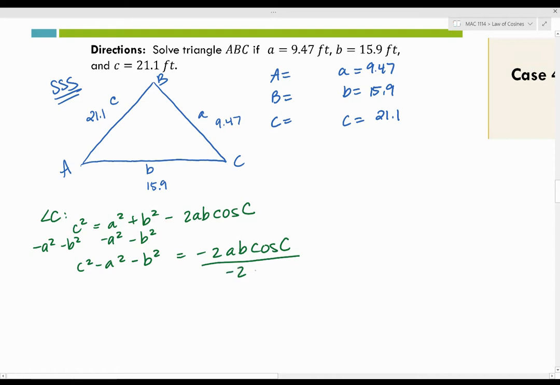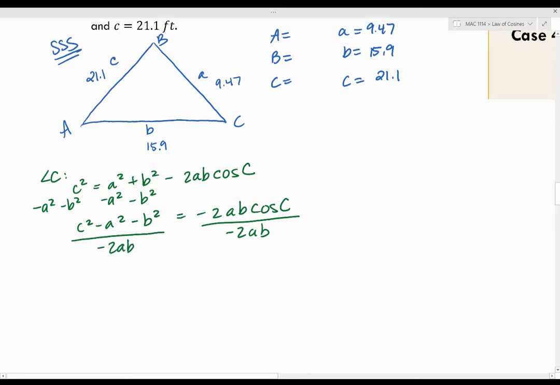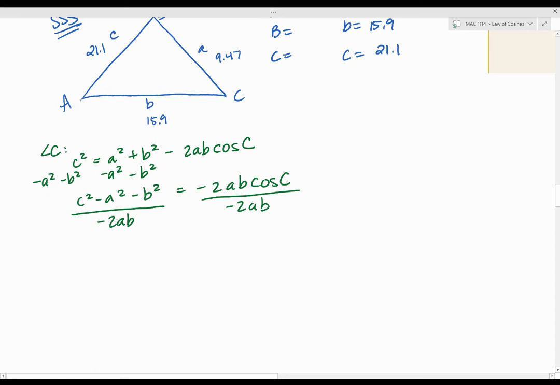I'm going to divide both sides by negative 2ab. I'm going to change the signs in the top, so that cosine C equals a squared plus b squared minus c squared, all over 2ab.